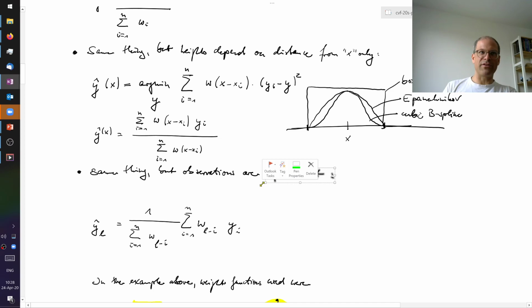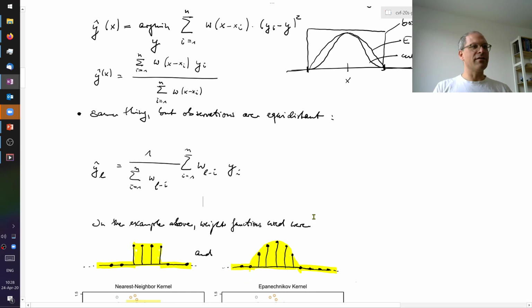Or if I sample a time series, usually the samples are taken, let's say, 1 per millisecond, so they also have the same distance in time. And then I can write the equation like that. So my estimate at location L is a weighted sum over all observations, weighted with their distance from location L. And this is for normalization.